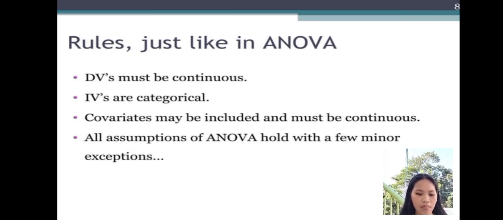This means MANOVA, like ANOVA, requires continuous dependent variables and categorical independent variables, and covariates if used must also be continuous. While MANOVA largely shares ANOVA's assumptions, there are some minor differences.